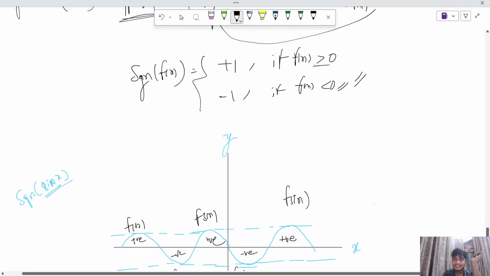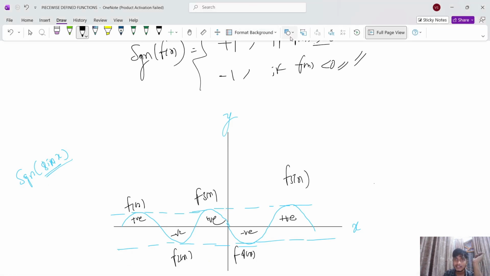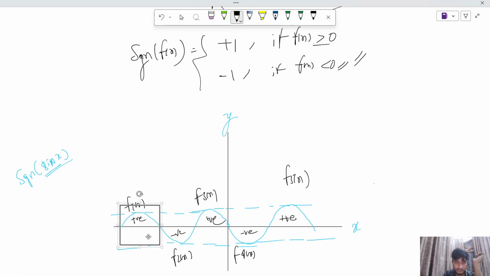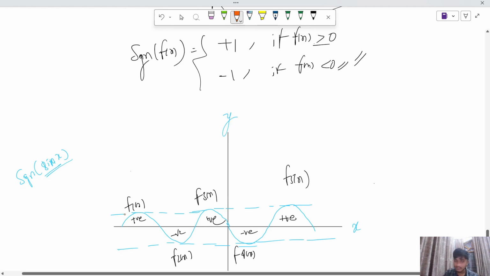If f of x is positive, it becomes plus 1. Let me divide this into rectangles. Let's keep it simple and observe f1 of x.